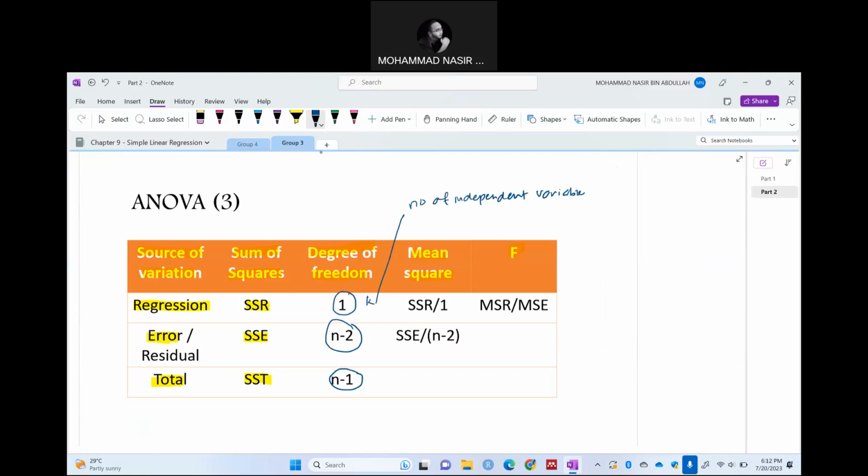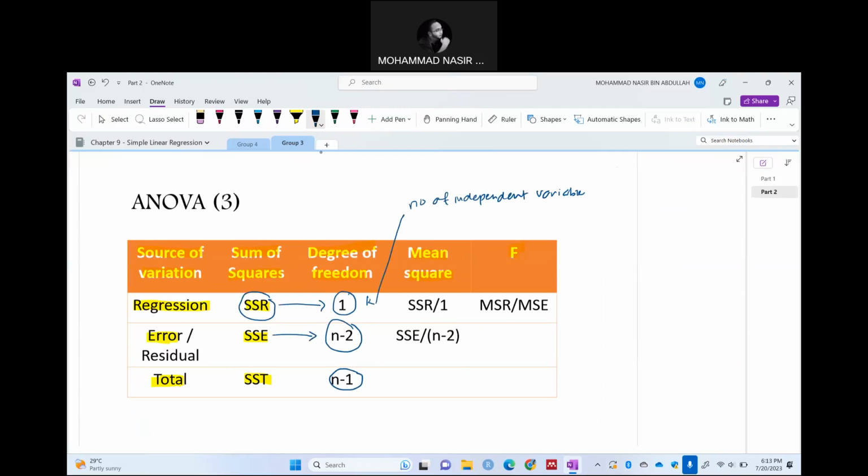To get the mean square regression, we need to divide the sum of square by the degree of freedom. So mean square regression is sum of square regression divided by its degree of freedom. To get mean square error, sum of square error divided by its degree of freedom.